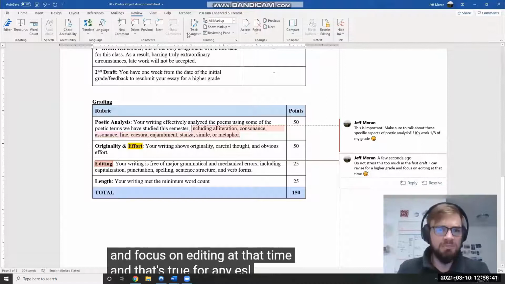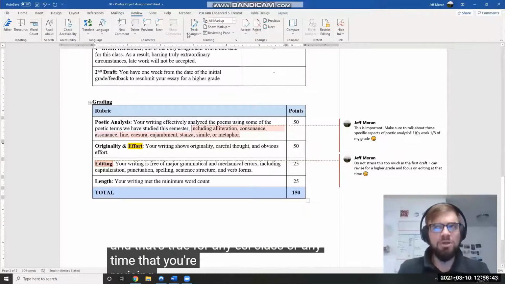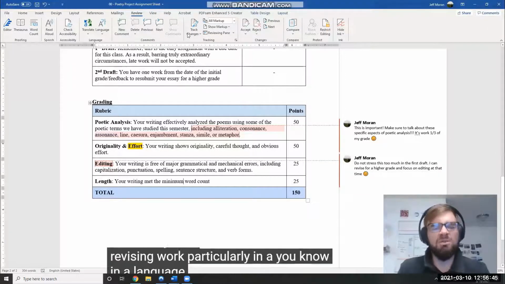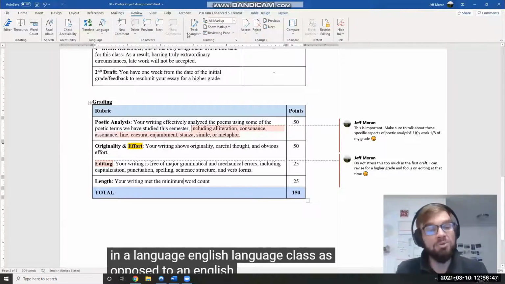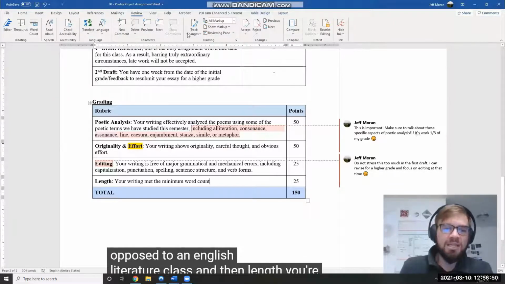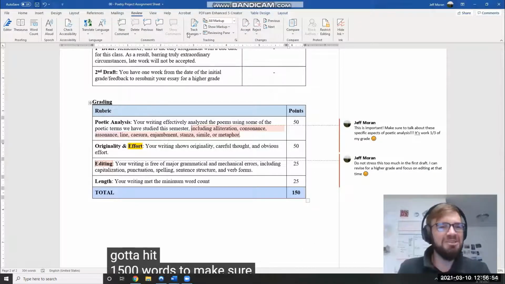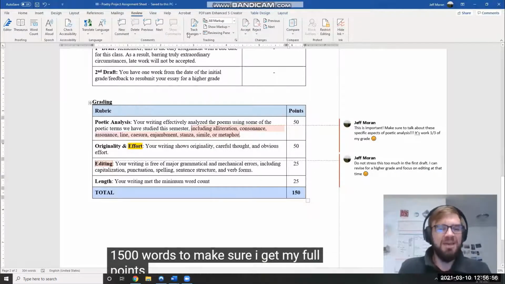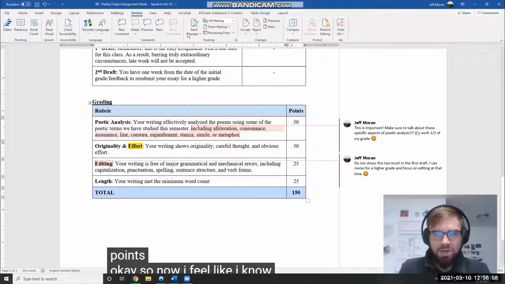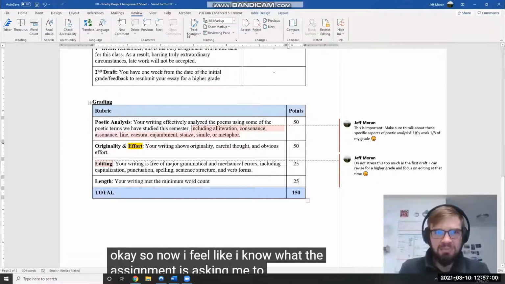And that's true for any ESL class or any time that you're revising work, particularly in an English language class, as opposed to an English literature class. And then length, your writing met the minimum word count. So I got to hit 1,500 words to make sure I get my full points. Okay, so now I feel like I know what the assignment is asking me to do.